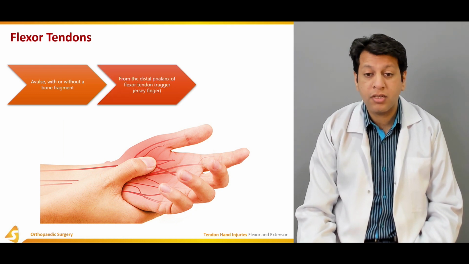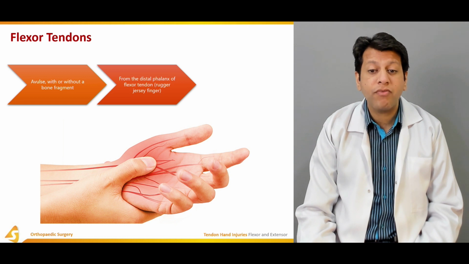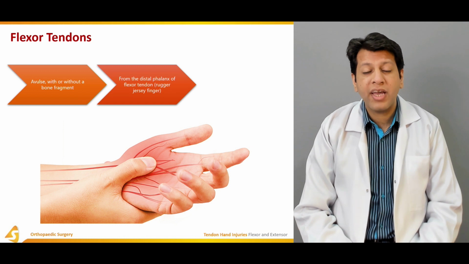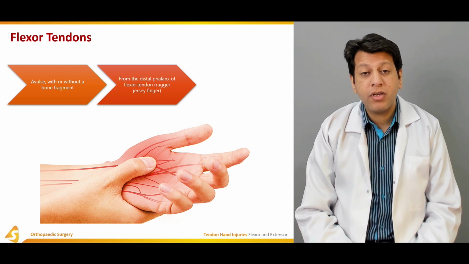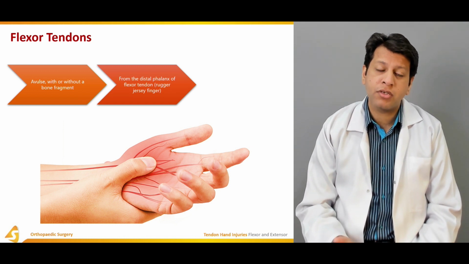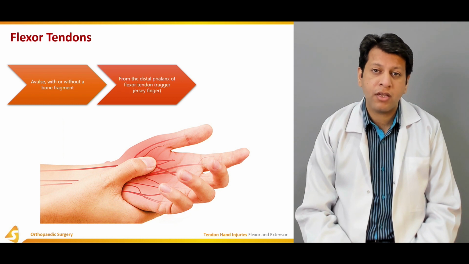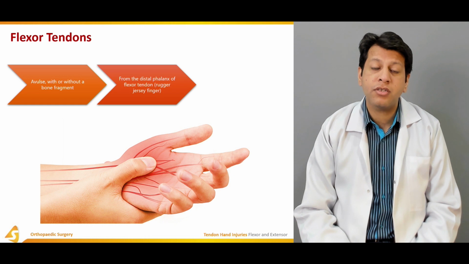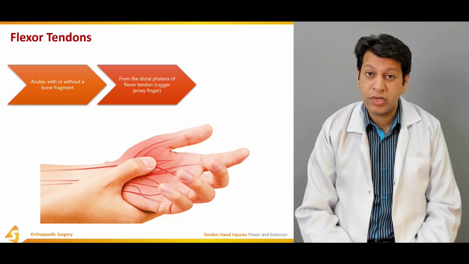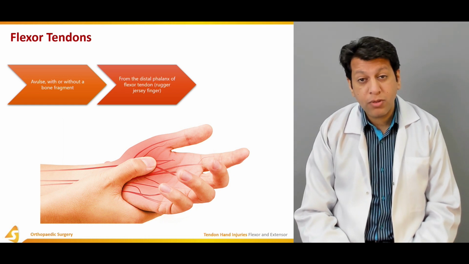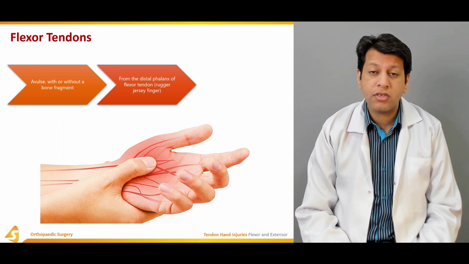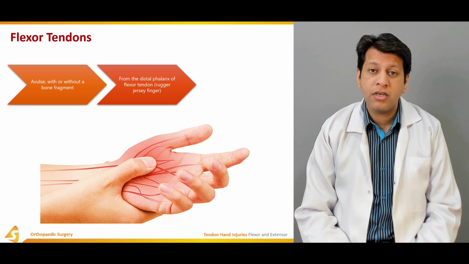this can also injure the tendon as well. Or it could be from the distal phalanx avulsion of the flexor tendon, that is the rugger jersey finger. What happens is that FDP is attached on the distal phalanx, at the base of the distal phalanx, just distal to the distal interphalangeal joint. If that tendon gets avulsed, the extensor tendons acting on the distal interphalangeal joint extend it dorsally.